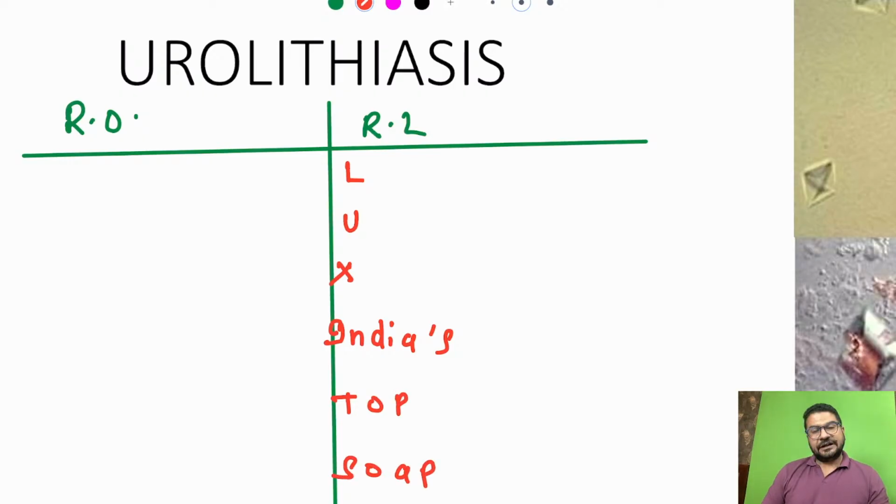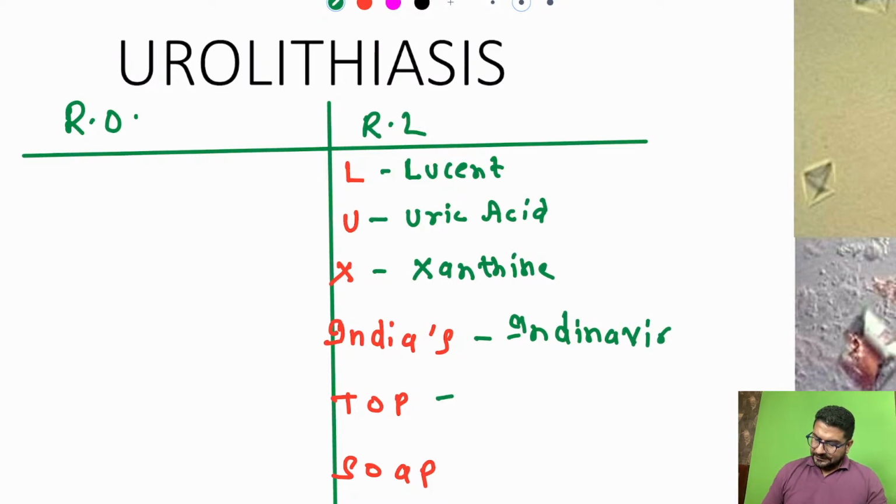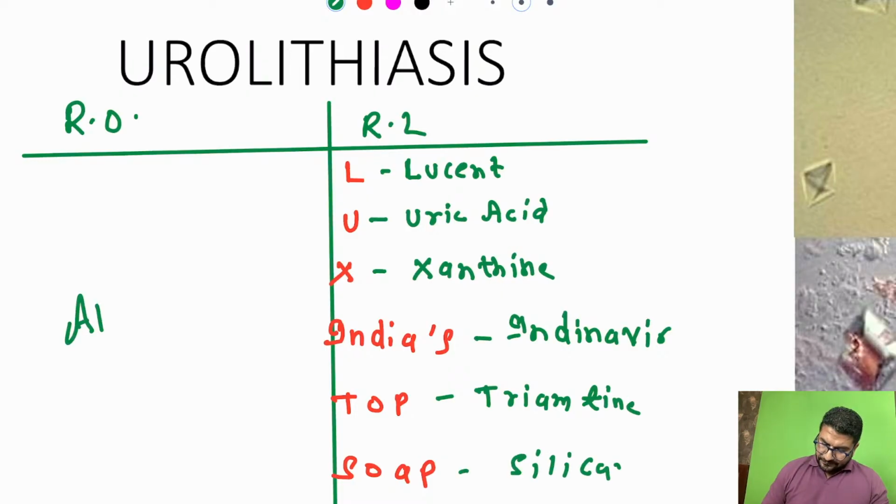So Lux is India's top soap brand. तो Lux means lucent. So lucent will be uric acid stone. Lucent will be xanthine stone. India's means Indinavir. Top means Triamterene. And soap means silica. बाकी सारे स्टोन कैसे होते हैं?